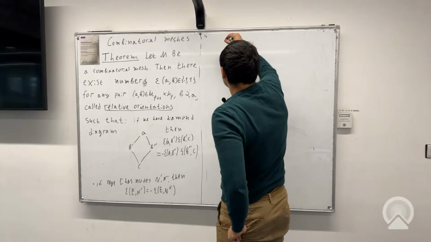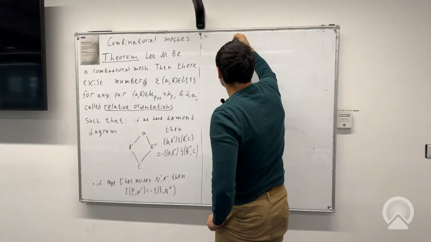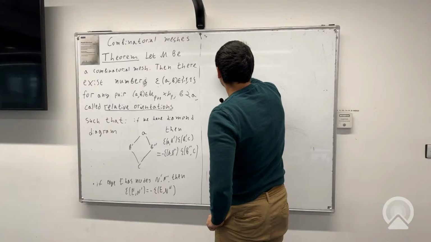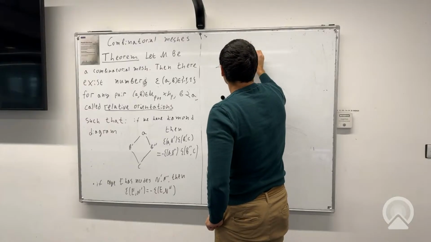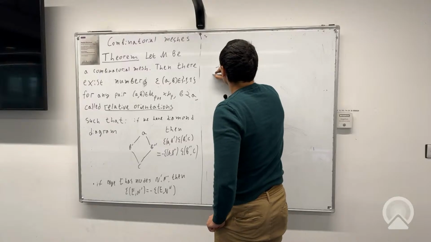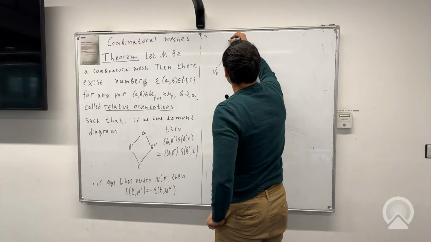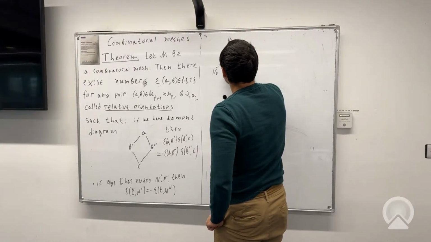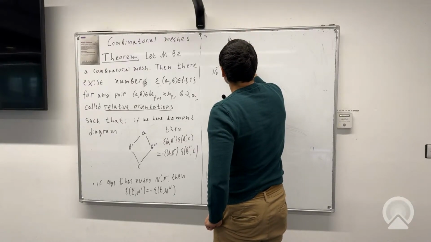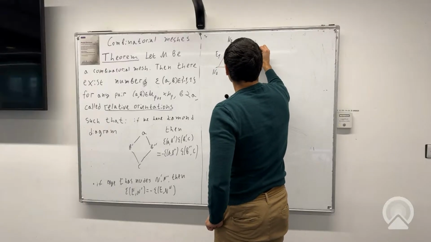So for the example I gave before, let's say F0, N0, N1, N2, and then E0, E1, E2, E3.